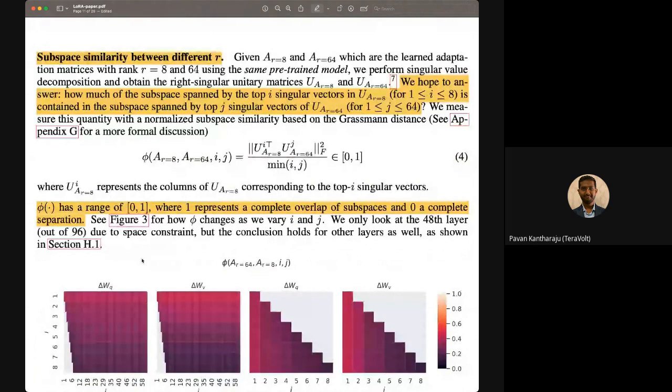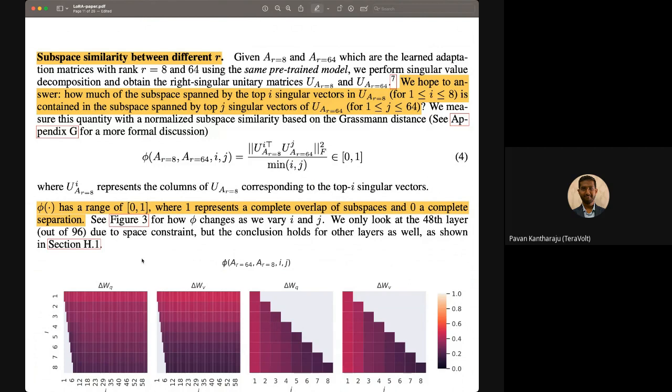If you recall, LoRA trains two matrices A and B. They specifically focus on A here. The idea is that they want to look at how much the subspaces overlap between the two ranks.